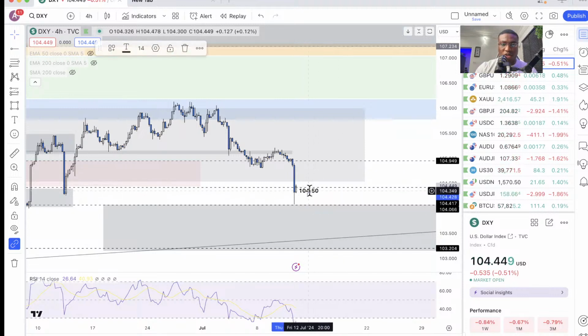As long as we continue to trade below 104.5, this is a continuous indication that the dollar is weak. Now, what happens when you identify a weak dollar?